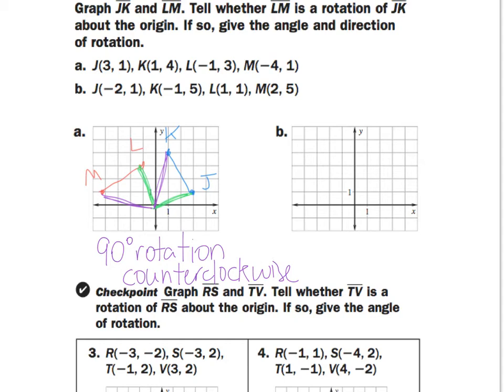B, J (-2, 1), K (-1, 5). I'll plot this one purple. L is (1, 1) and M (2, 5). Okay, so let's look at our angles here.